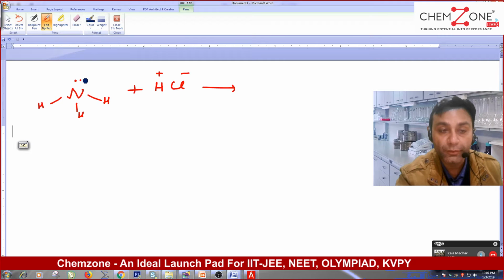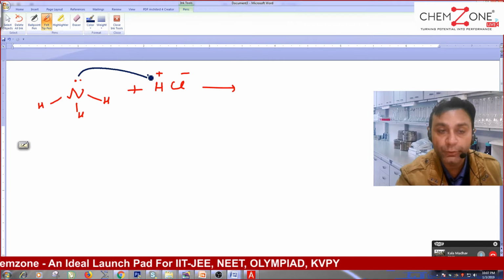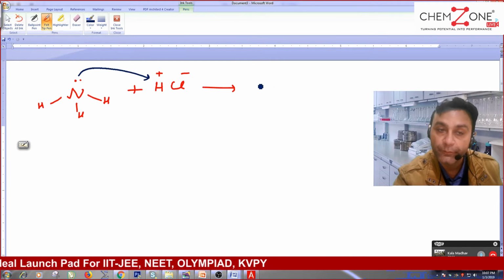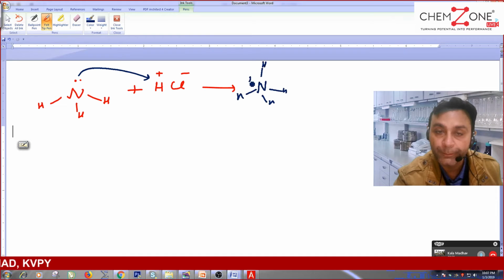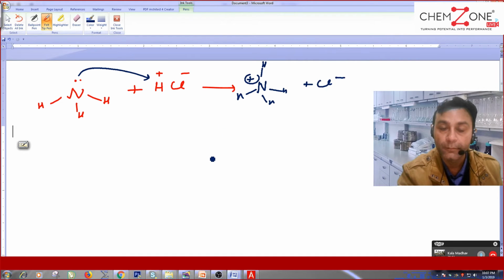So what happens now? This pair of electrons is donated to the H positive ion. Now it will form NH4, with a positive charge, and the chloride. Right? This is a proton acceptor.